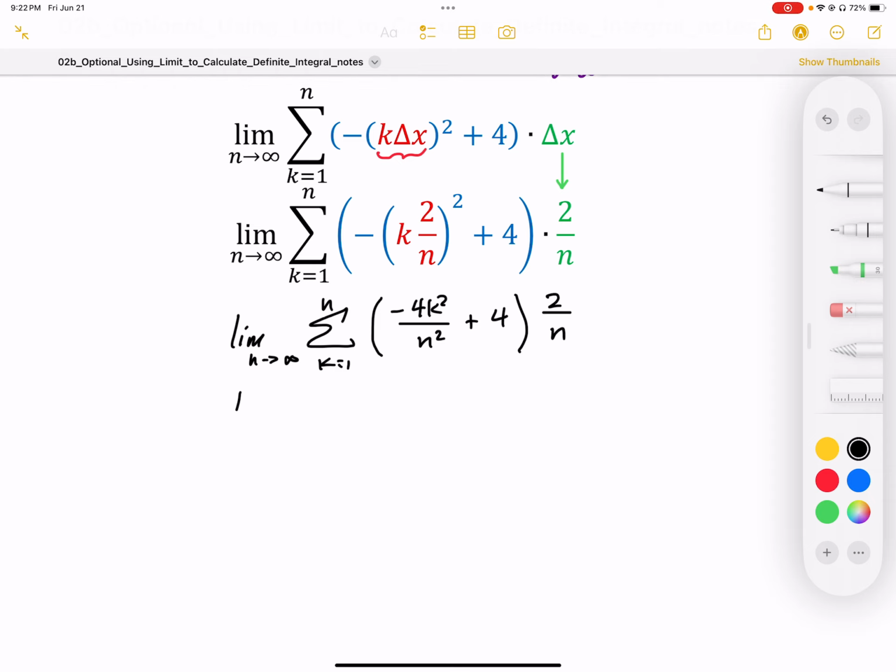I'm going to multiply that in, so limit as n approaches infinity, and this expression now becomes negative 8k squared over n cubed plus 8 over n. Okay, so I'm going to factor out my n in my constant terms.